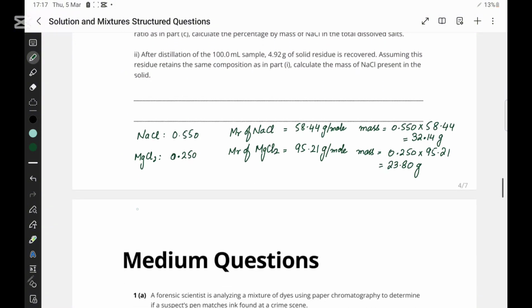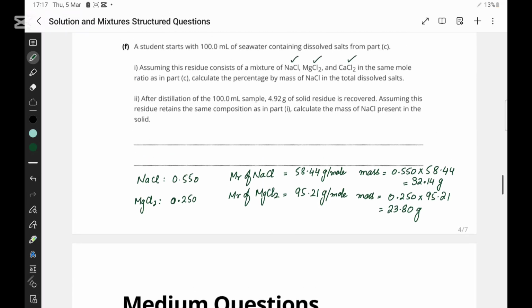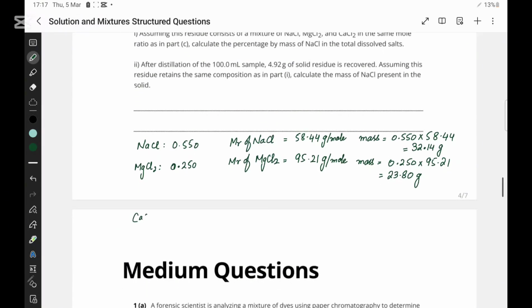Similarly, the last one is going to be calcium chloride. Calcium chloride has the moles which have been given to us as 0.1, and Mr of calcium chloride is going to be 110.98, and for mass I'm going to multiply them both, 0.1 multiplied by 110.98, and that comes out to be 11.10.